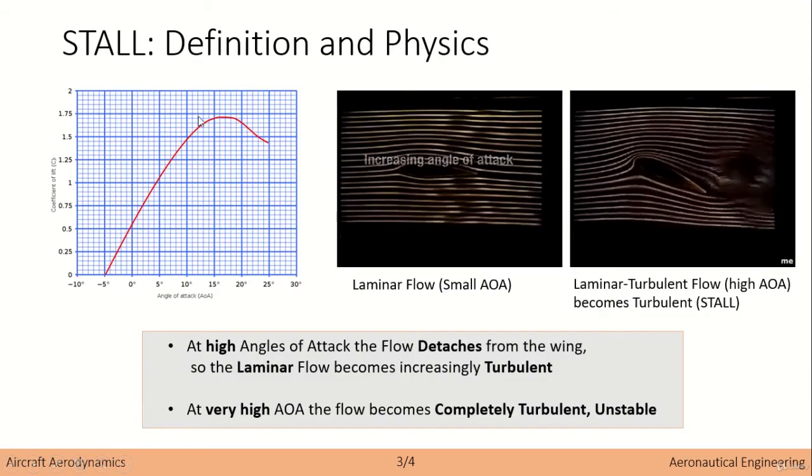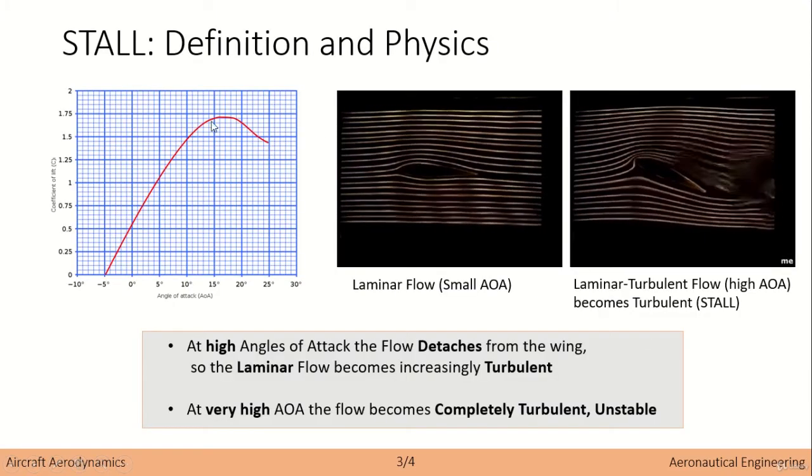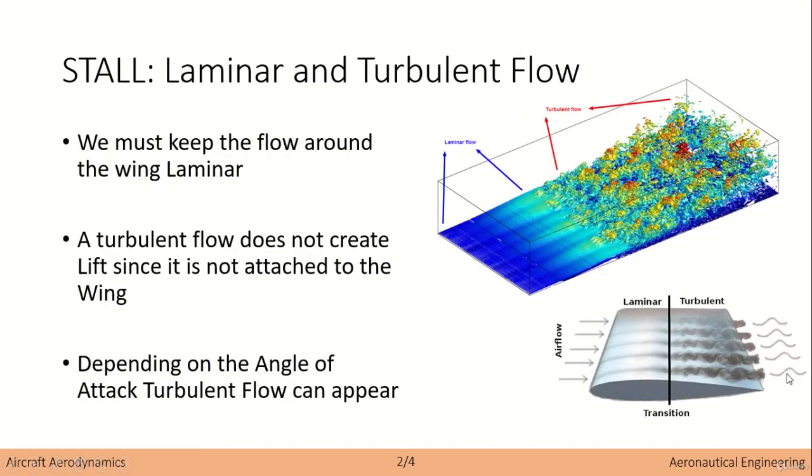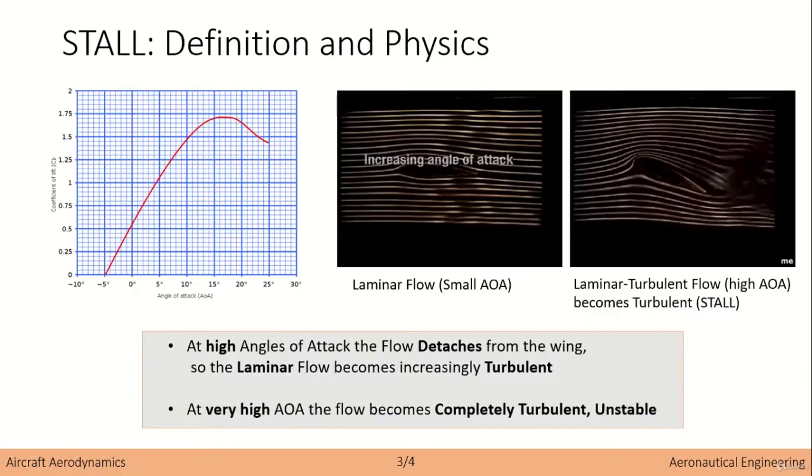But at some point over here, more or less, something like this, some turbulent flow starts to appear, and it starts to move to the front, right? So if we continue to increase the angle of attack, the transition point will move to the front edge of our wing.